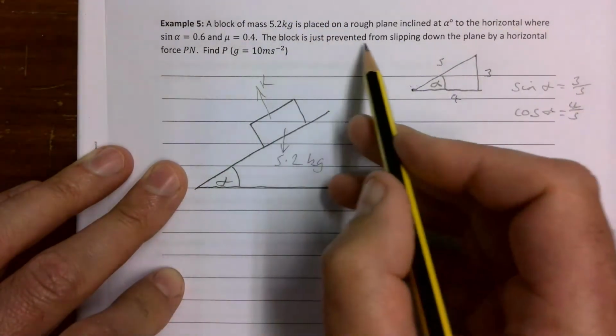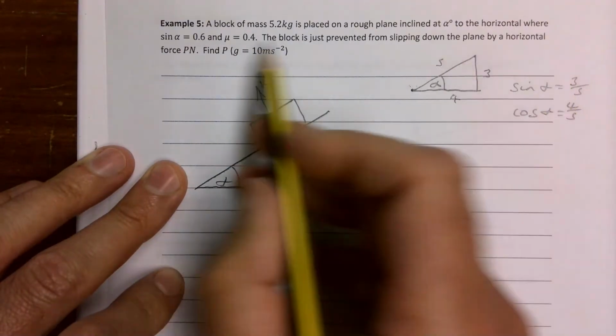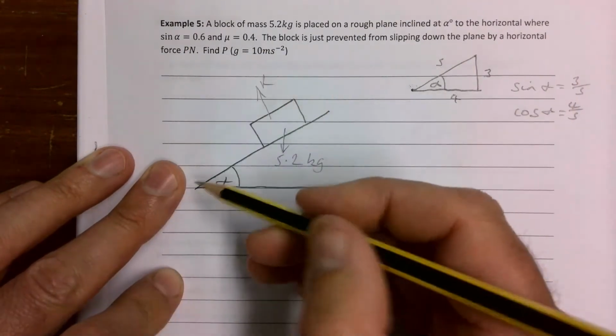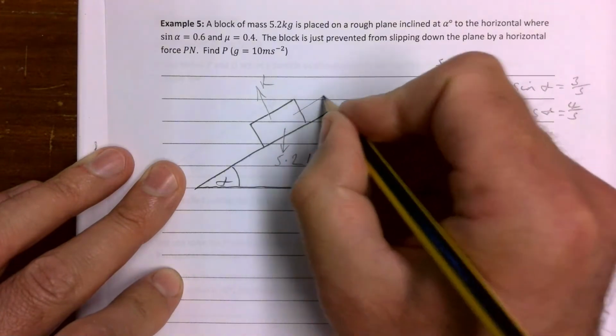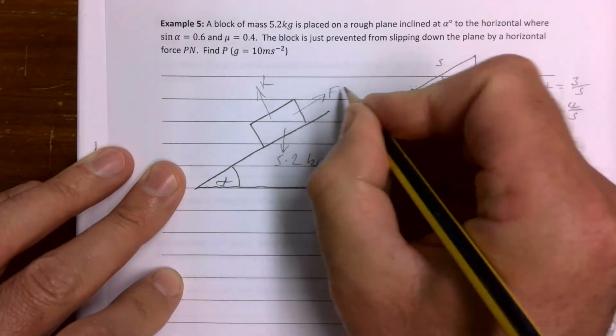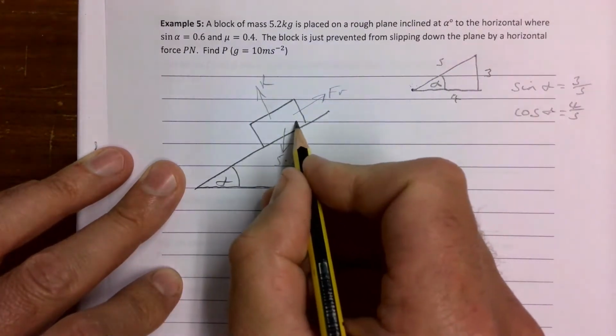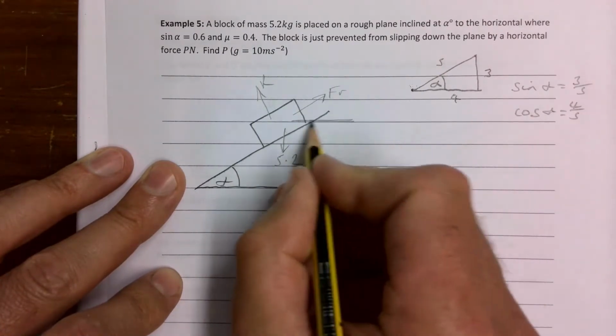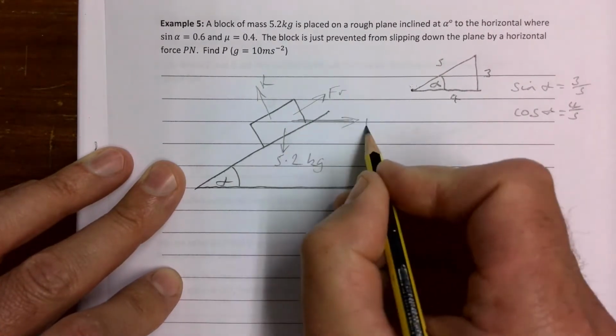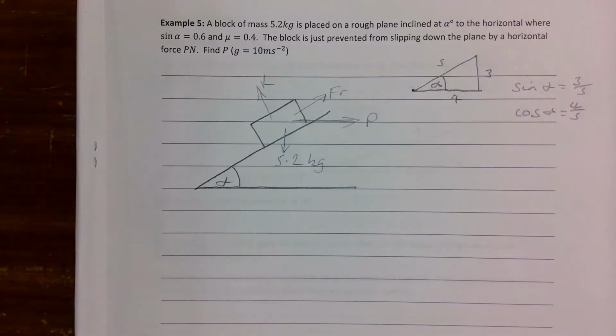The block is just prevented from slipping down the plane by a horizontal force P. So it was going to slide down the plane, and there's two things holding it up. There's obviously friction, and then a horizontal force P, which is quite annoying, but that's okay, we can deal with that. And we have then that to deal with. Okay, so let's start resolving some stuff and see where we get to.